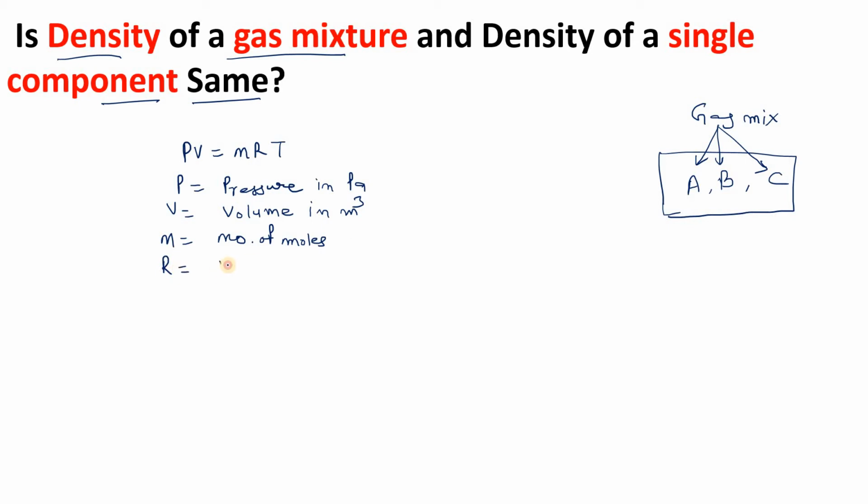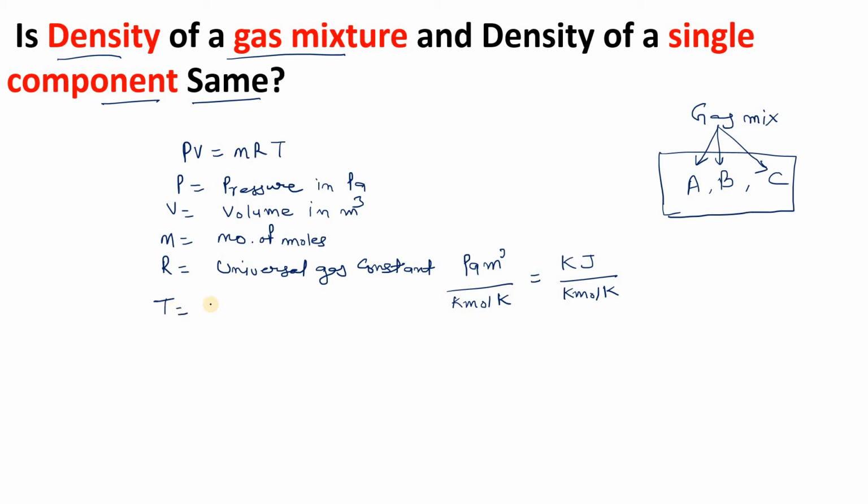R is the universal gas constant, and let's suppose the unit will be Pascal cubic meter per kilomole Kelvin, which is also equivalent to kilojoule per kilomole Kelvin. And then T is the temperature in Kelvin. Got my point?